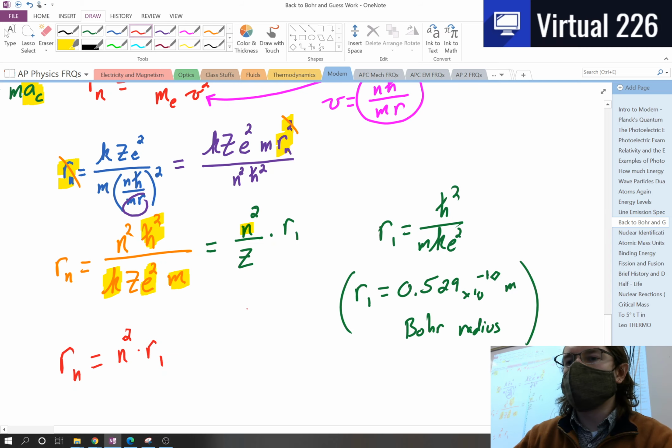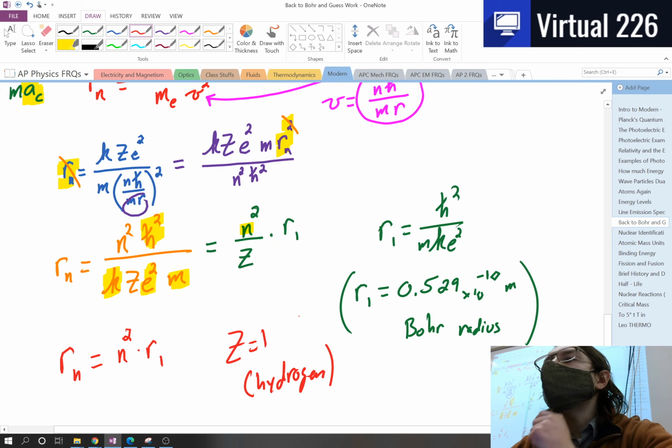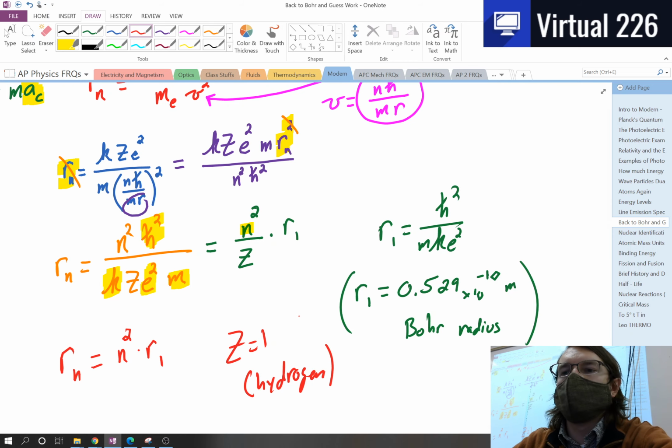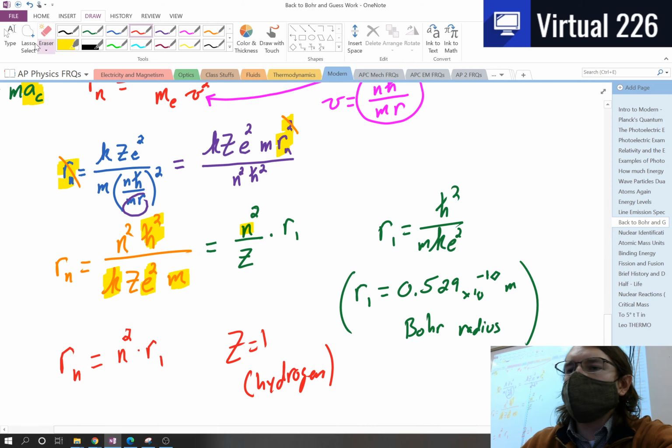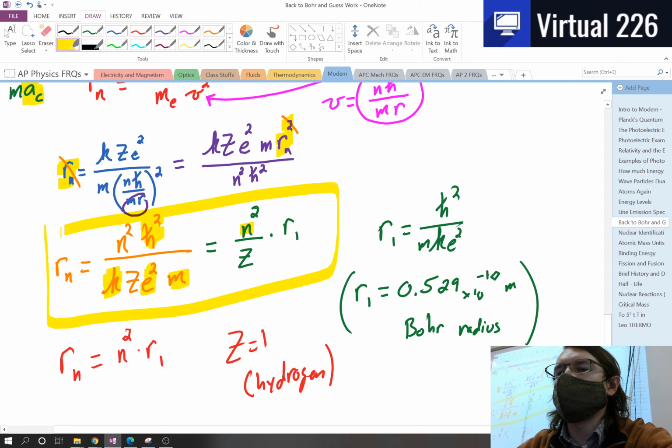That is Z equals 1. If for some reason we don't have hydrogen, we've got helium, then that Z is going to equal 2, and we're going to have to go back up into this equation and use it up there. But r_n equals n squared times R1 is a nice thing for hydrogen.